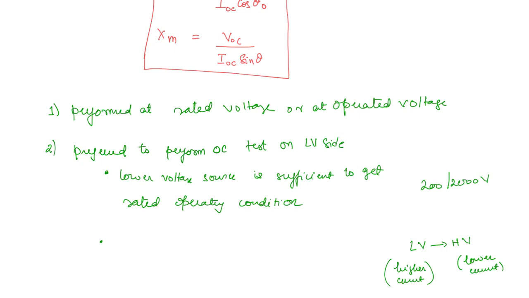If you are doing it on the HV side, the excitation current is going to be still smaller, which will be difficult to measure.